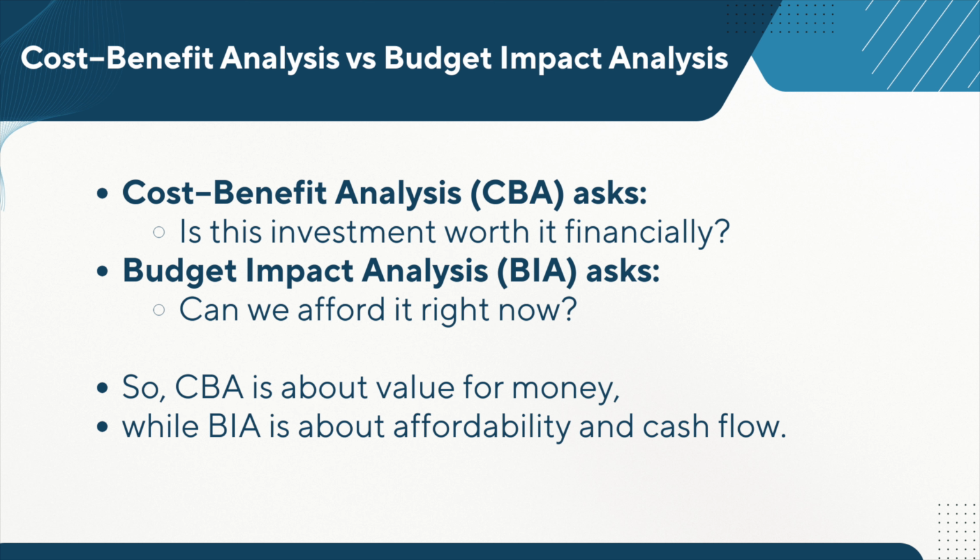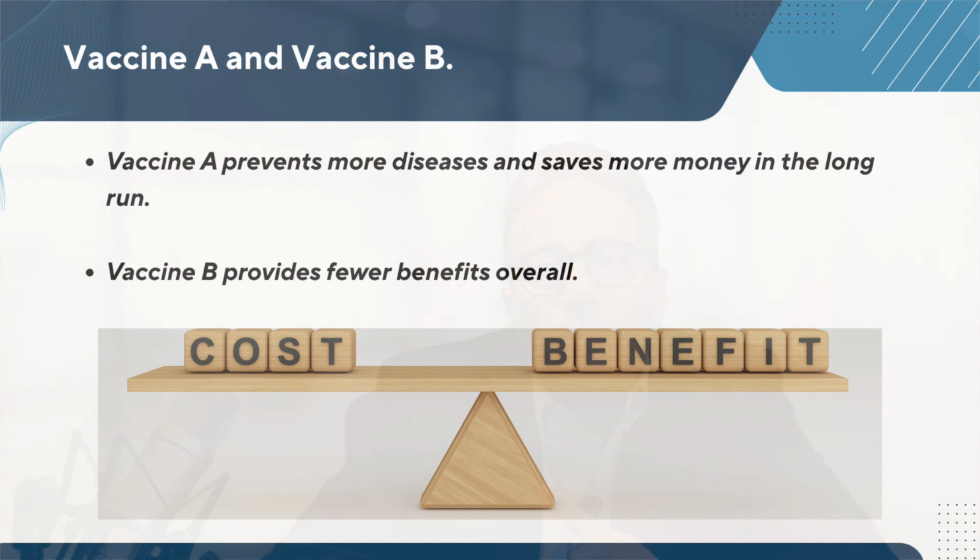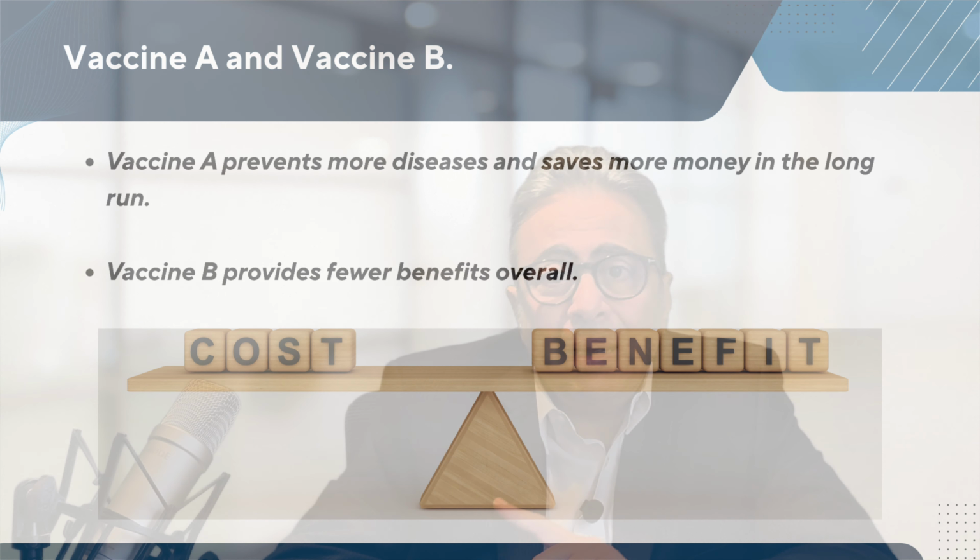If we wanted to see how they work together, imagine a health authority deciding between two vaccination programs, let's say vaccine A and vaccine B, where vaccine A prevents more diseases and saves more money in the long run. But it's very expensive to implement this year. On the other hand, vaccine B provides fewer benefits overall, but it's cheaper to roll out immediately. In real health decision-making, both analyses are important, and they complement each other.